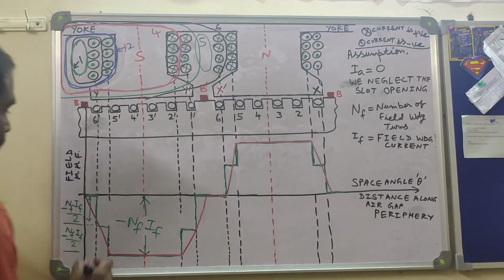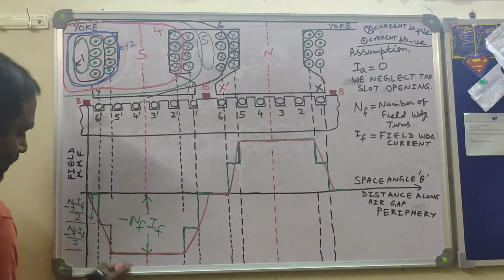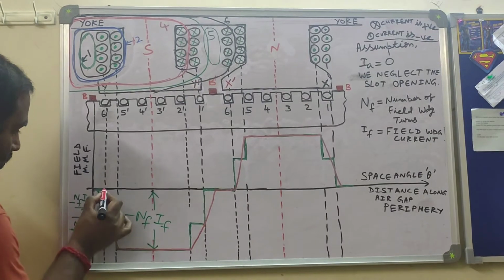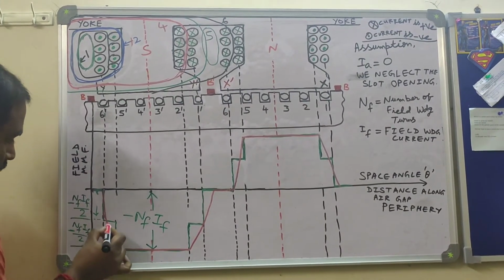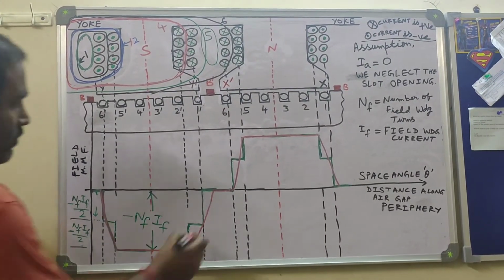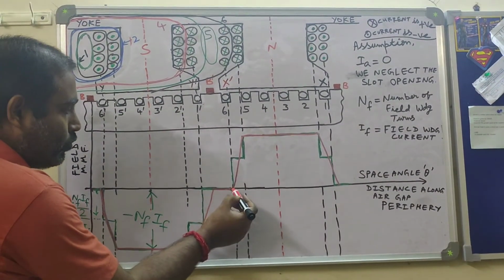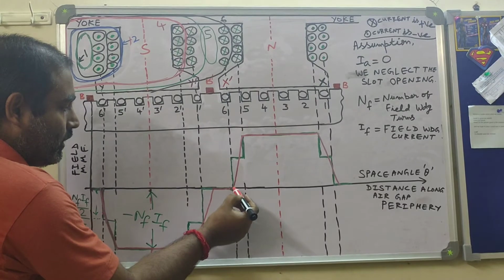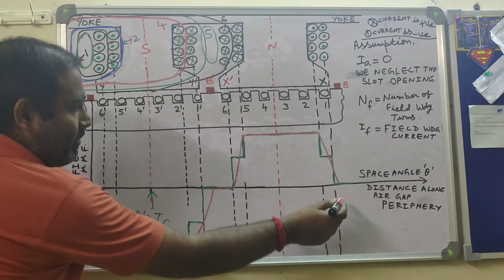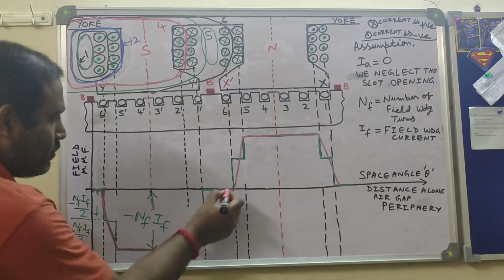We can approximate this step variation by this smooth, linearly rising variation. So the MMF variation along the field poles is like this.